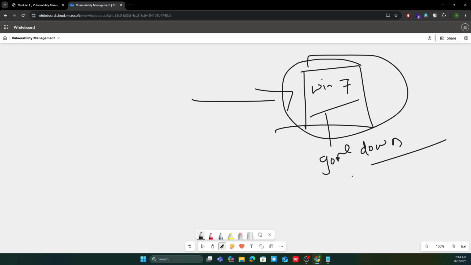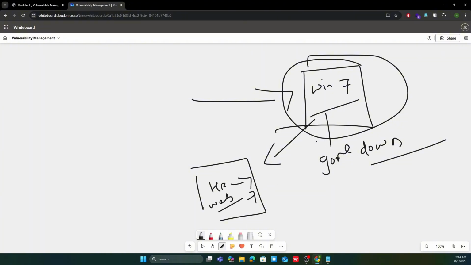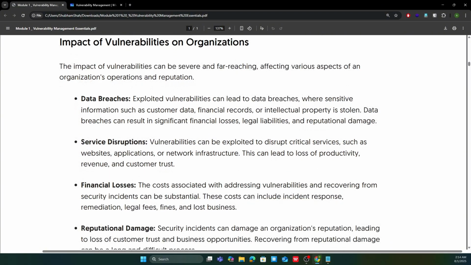If the server is down, we are not able to provide the services. Let's say an application was running on this Windows platform, maybe HR software, maybe our website. Whatever application was running is now not accessible to genuine users. So if our website is down, we are losing productivity, revenue, as well as customer trust. Service disruption is again one of the key areas that needs to be checked.